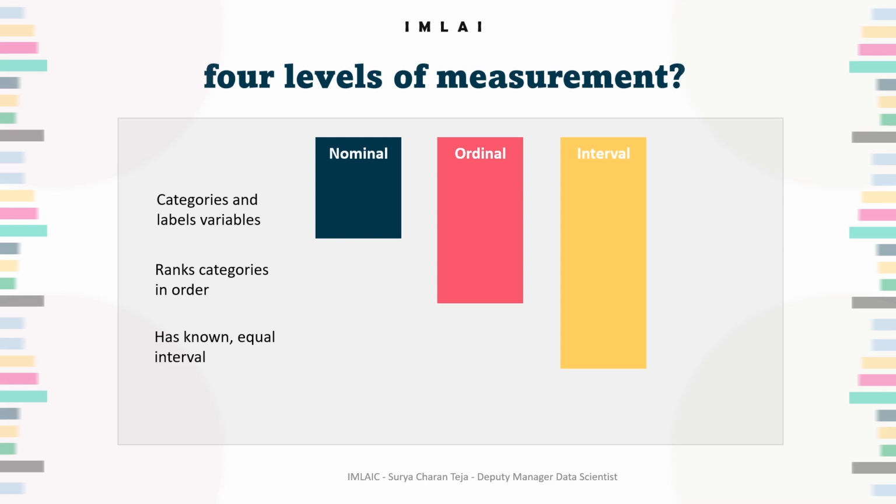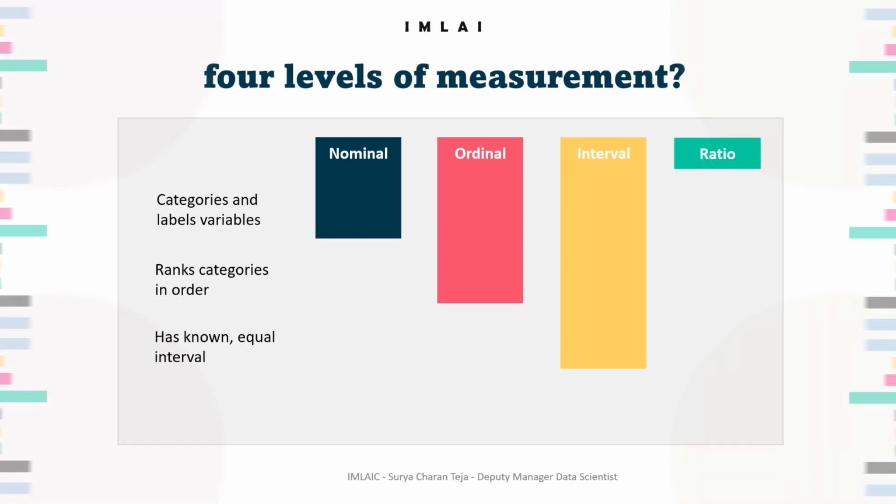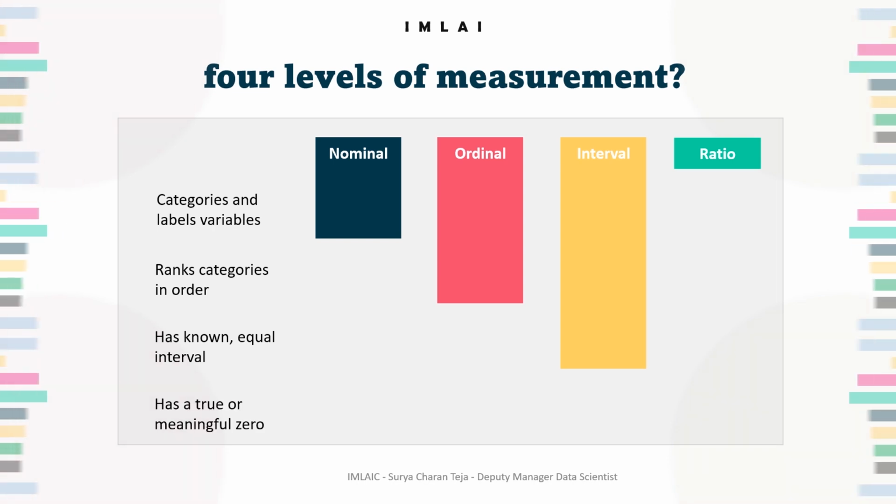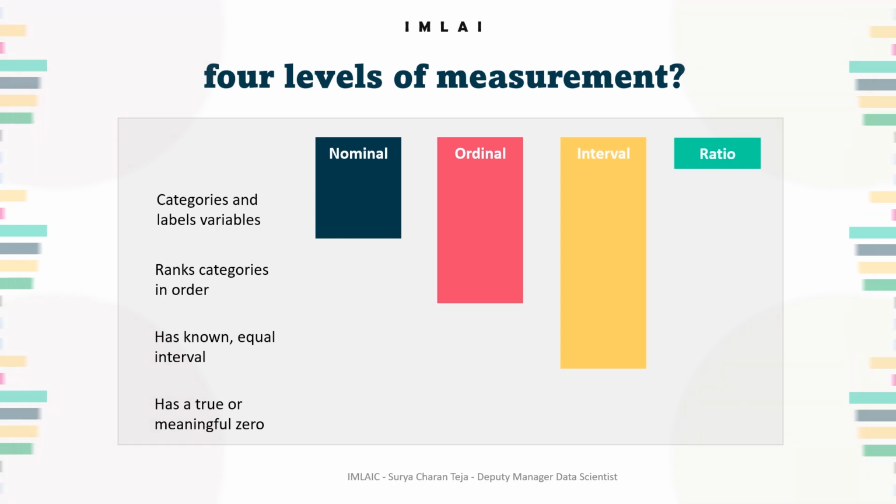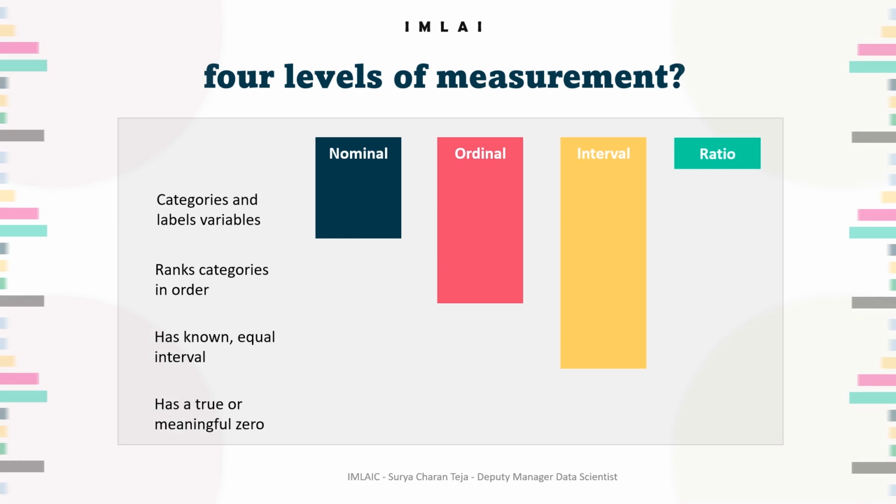Then we have the fourth and last one, the ratio level. This level of measurement is similar to the interval level, but with the added property of having a true 0 point, which represents the absence of the attribute being measured.